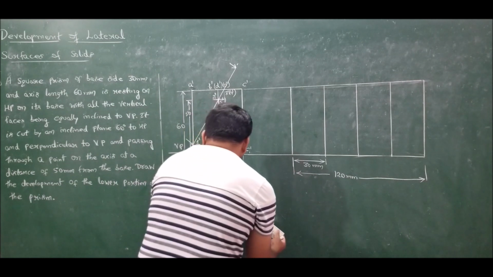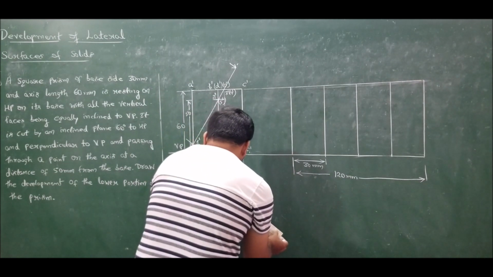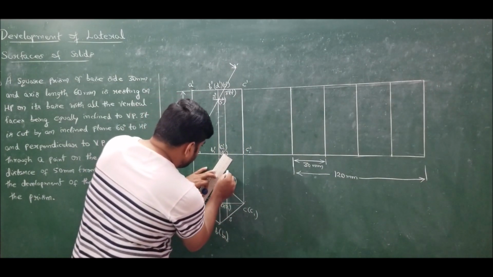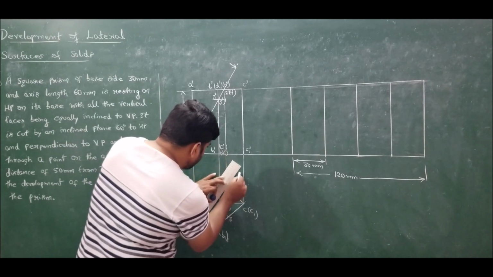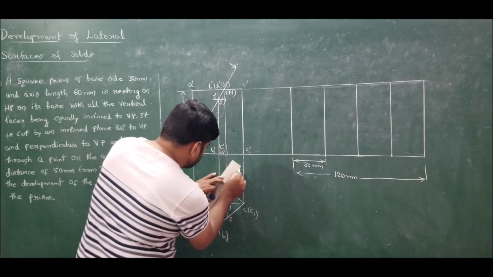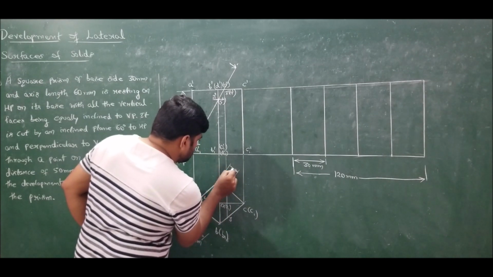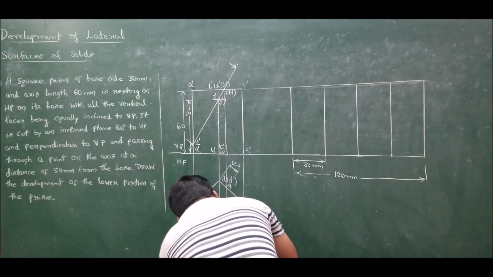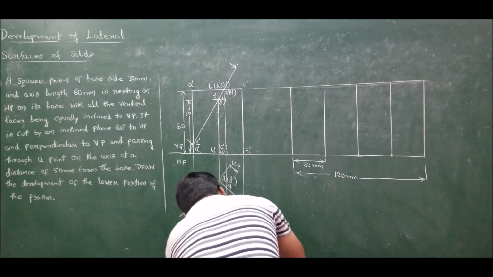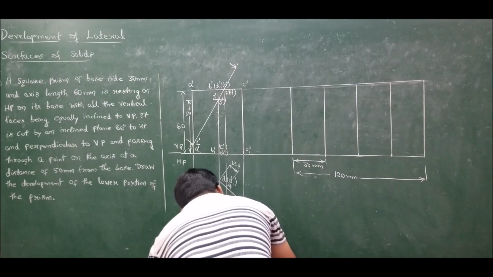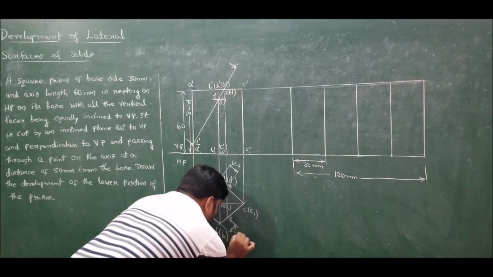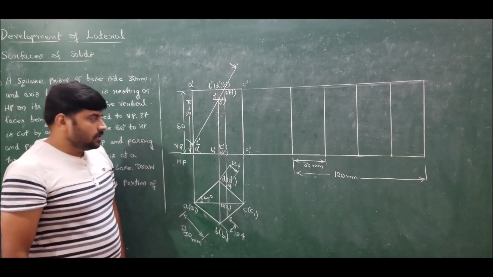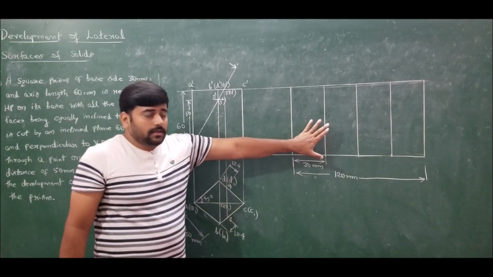So if I measure, I am getting it as 12.4 millimeters. So here also if I measure, I am getting it as 12.4 millimeters. Done. Now I should transfer this to the development.